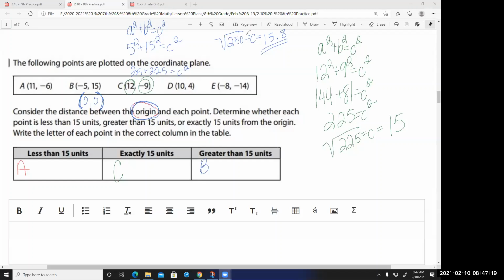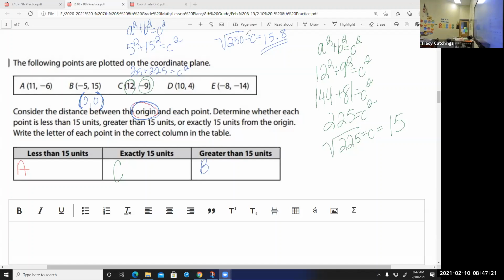All right, looking at D. What will be our X and our Y to give us our A and our B? All right, so now there's 10 squared and then 4 squared.